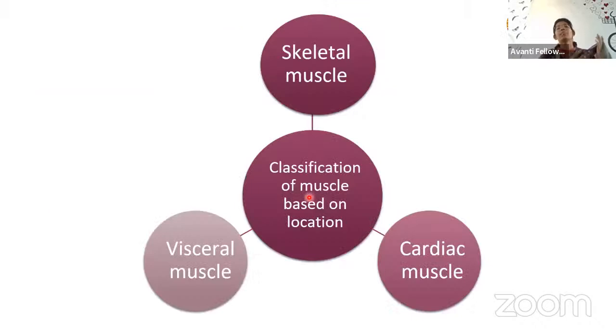But there are some types of muscles in humans. What are those types? How many types are there? There are totally three types of muscles. One is skeletal muscle, one more is cardiac muscle, and the third one is visceral muscle.